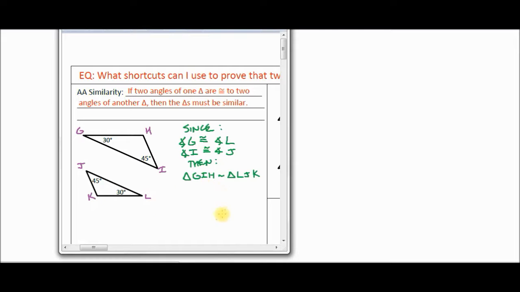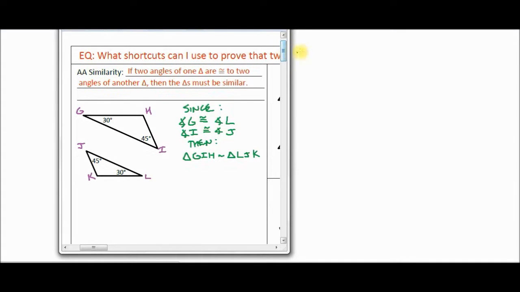Okay, and I want you to put a little note here on the bottom of your page so you remember this part, which is very important. Note, G corresponds to L, and I'll just put ditto here, I corresponds to J, and H corresponds to K. We also can tell now, class, what sides correspond.